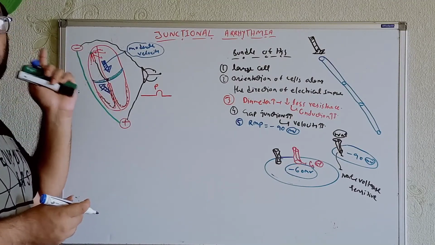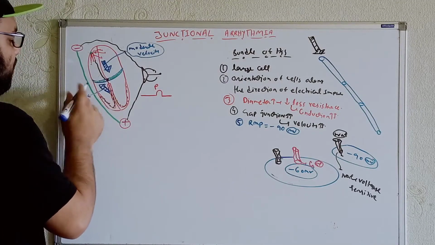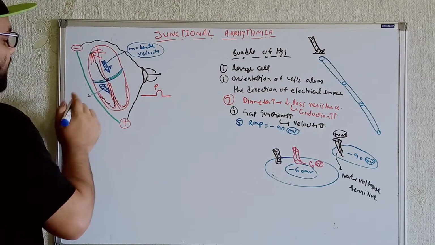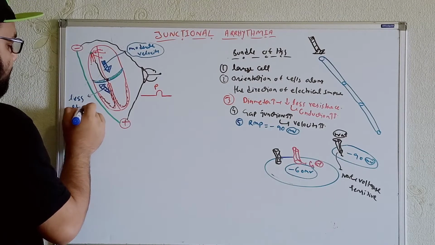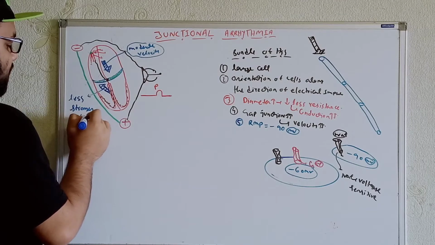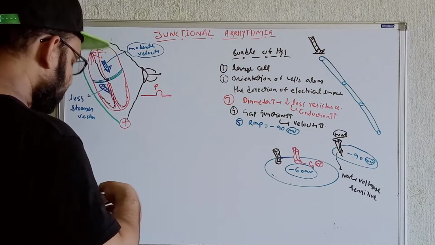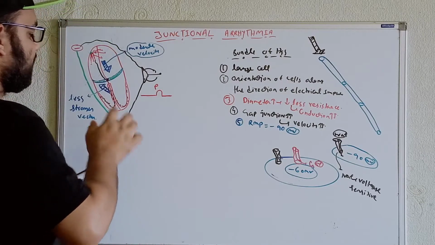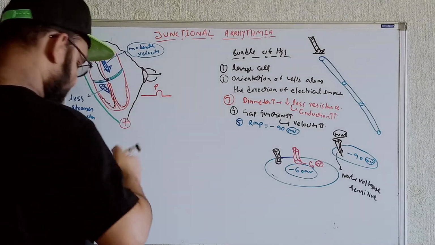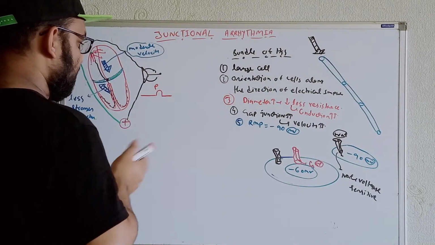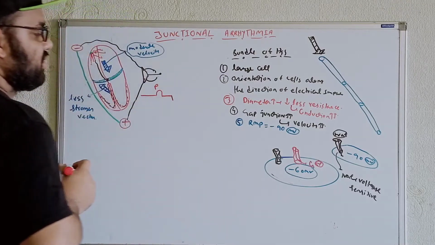This vector will not be that strong for the septal depolarizations, so we'll get a less strong vector. That's why we'll definitely get negative fluctuations of the needle, because the vector is going towards the negative pole. After that, what type of thing will we get over here?